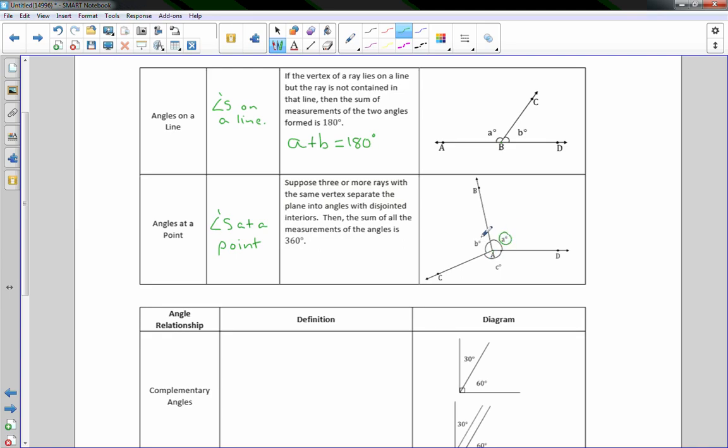Then each angle that it forms, whether there are 2 or 3 or 4 or 5, you add them all up and they always equal 360. So in this case, A plus B plus C equals 360 degrees.